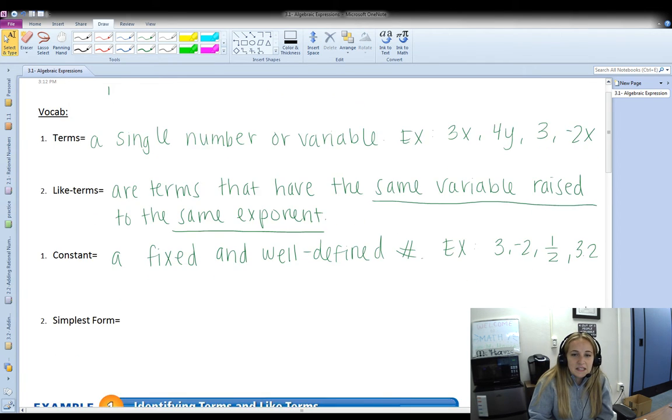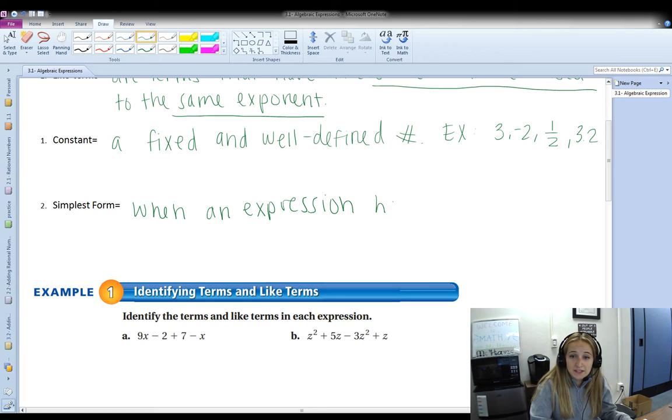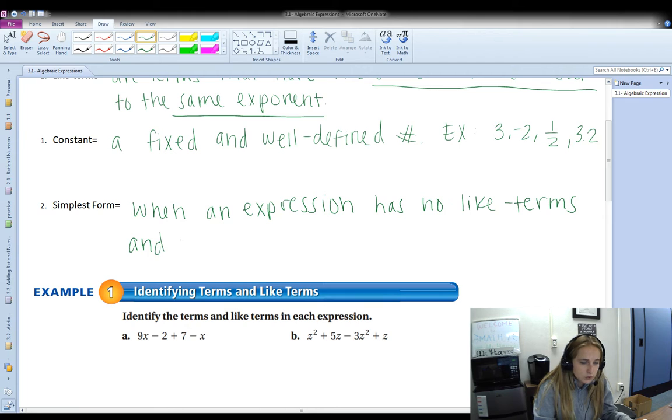And then finally, we're going to scroll down to simplest form. Simplest form is when an expression has no like terms and no parentheses, okay? So that is simplest form.